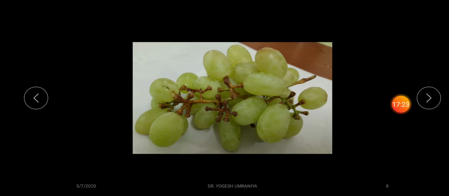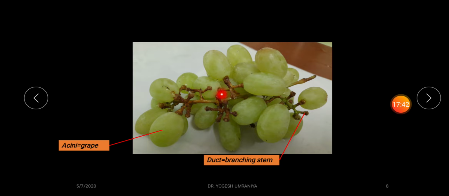In a bunch of grapes, each grape has the same arrangement as the acini. So, you can refer to a single grape as an acinus of a salivary gland, and the various branching stems here represent the duct system of any salivary gland.